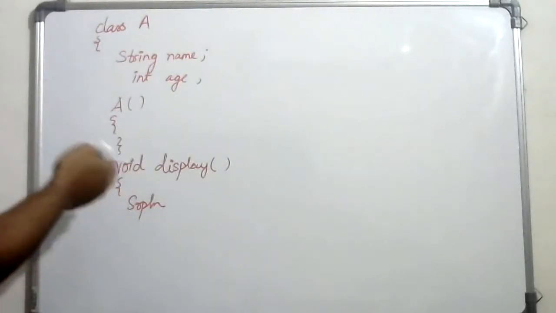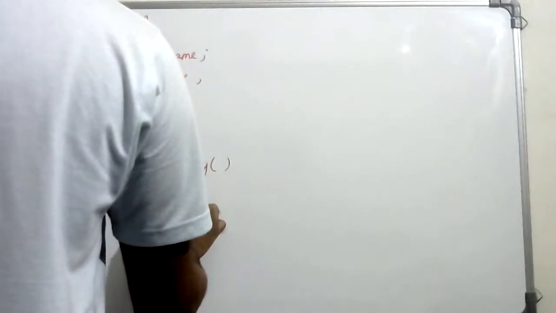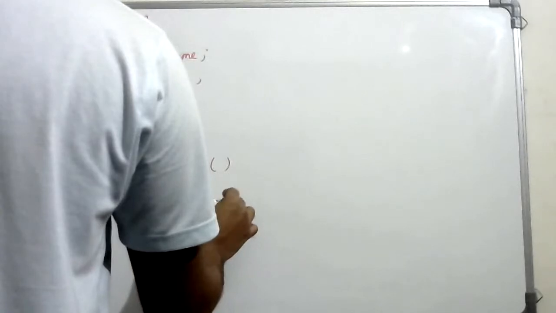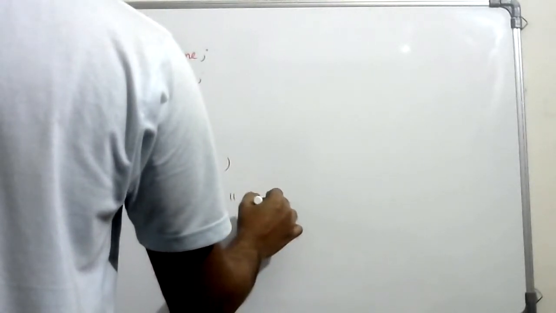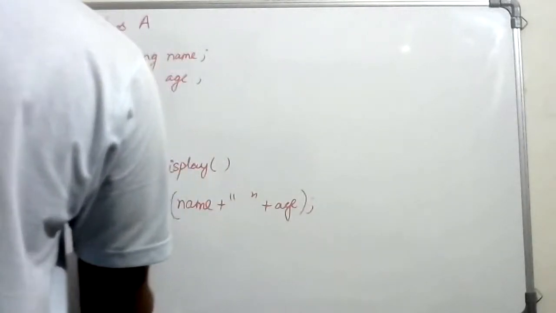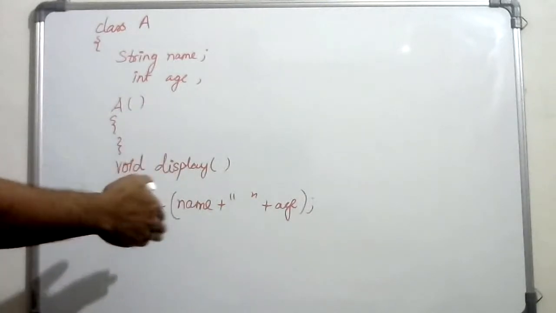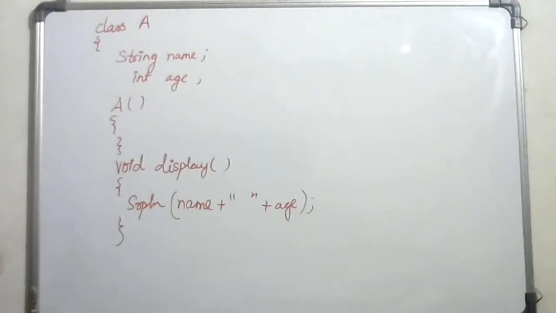I just want to display the default values that have been stored in name and age. So I'll print name, I'll print a space, and I'll print the value stored in age. So the display method simply displays the default values that have been stored in the class variables.